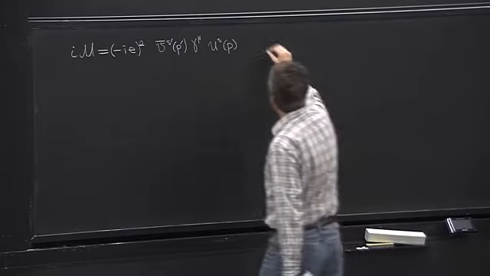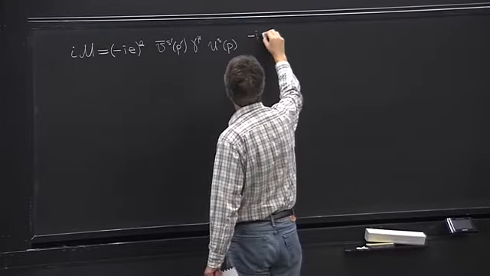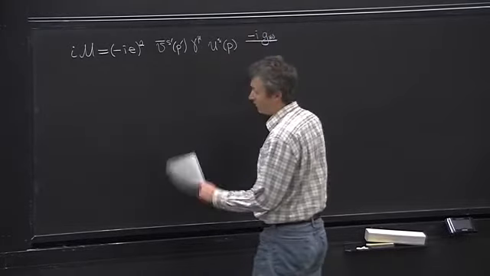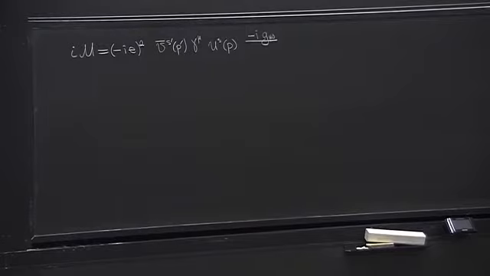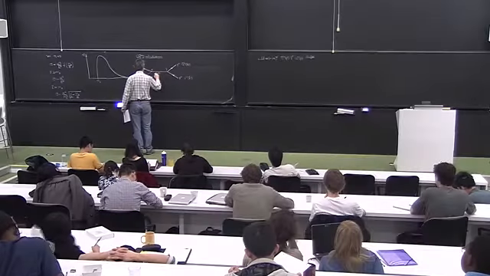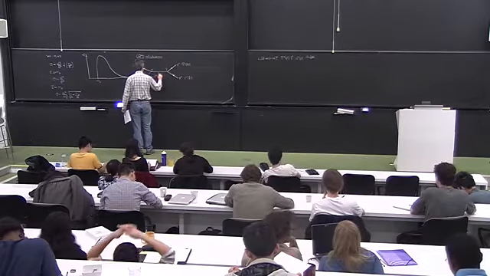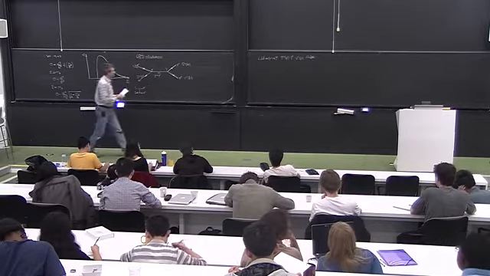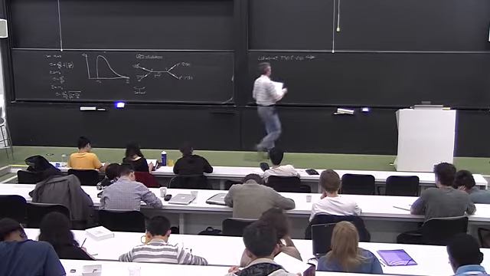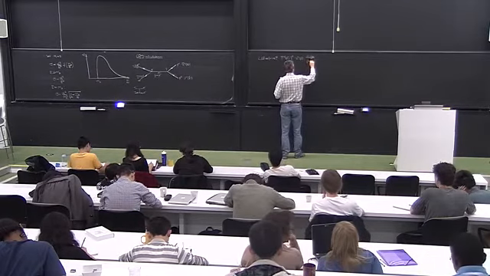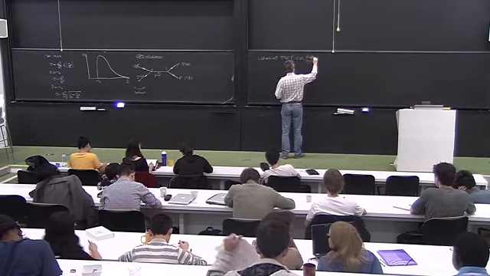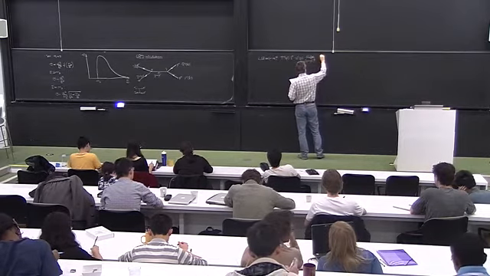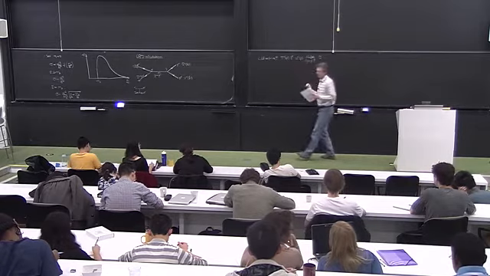Then we have the photon propagator, which is minus i g mu nu divided by the momentum flowing through the photon line. So what is this momentum? This is the sum of momenta of the electron and the positron. So this will be equal to p plus p prime squared in the propagator. And then we have the wave function factor for the muons.